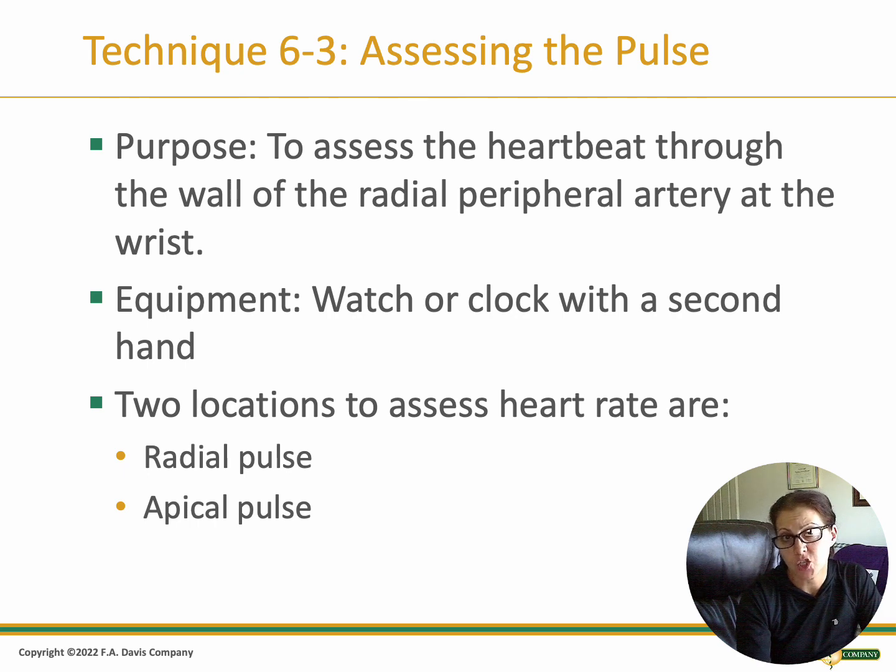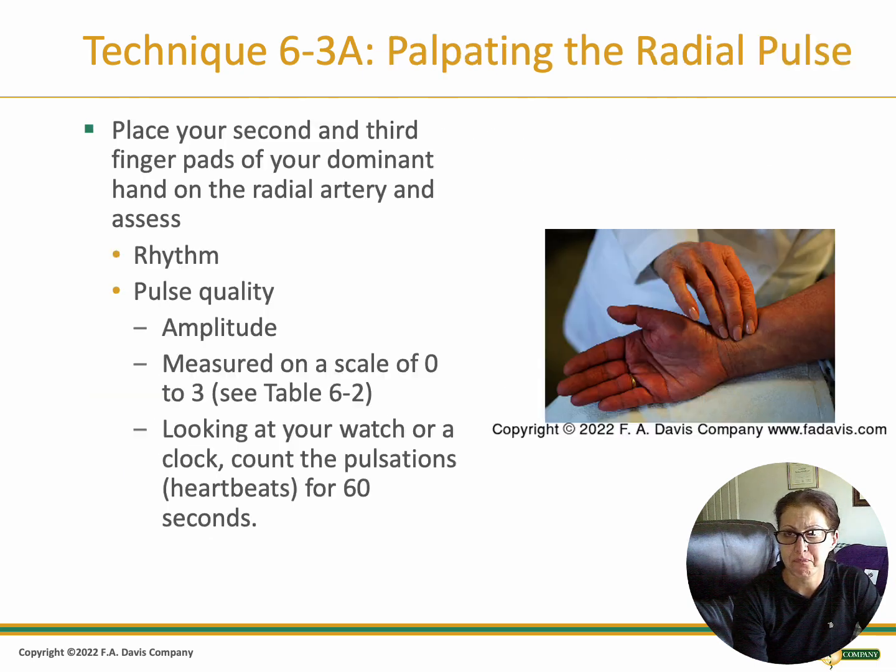We'll use a watch or a clock with a second hand, and there are two locations to assess the heart rate: the radial and the apical, which is at the fifth intercostal space, mid-clavicular line. The apical pulse is most commonly assessed by using your stethoscope.